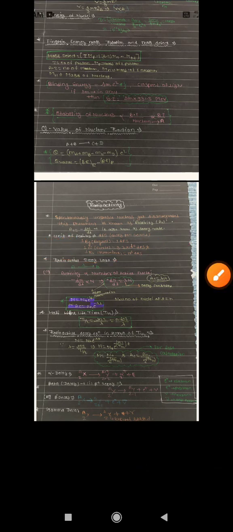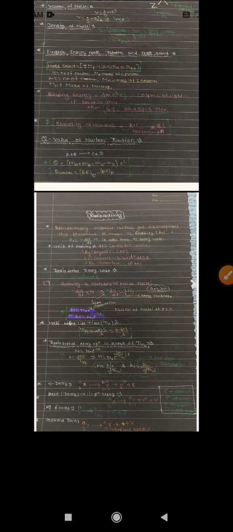Next is radioactive decay law. If nucleus A disintegrates into B, so activity is directly proportional to the number of active nuclei.